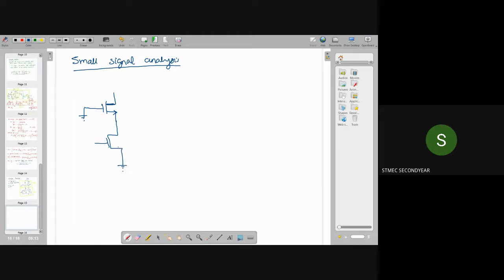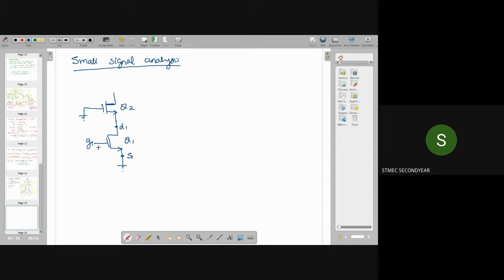So we can say this is our Q1 and this is our Q2. Now this Q1 is in common source configuration. Let this be source 1, the source of Q1, S1, and this is D1, the drain. And this is gate 1.